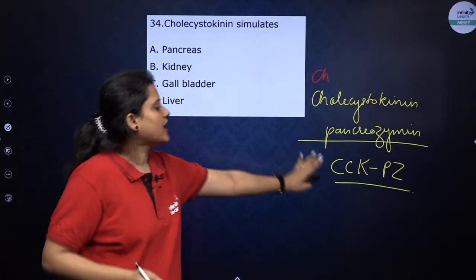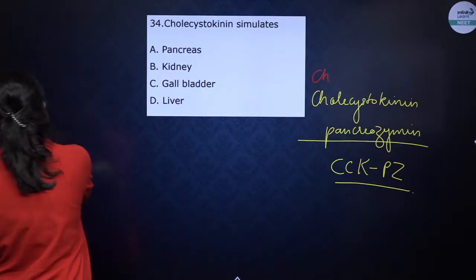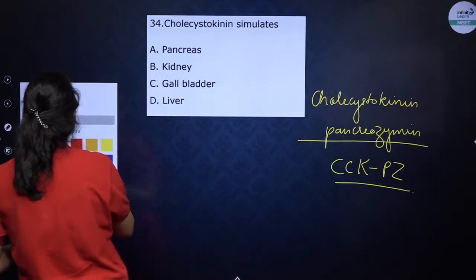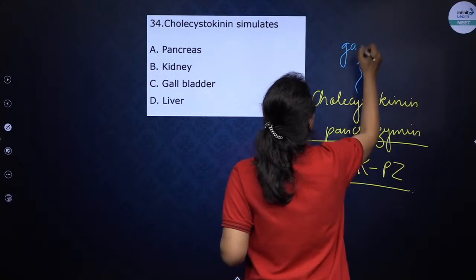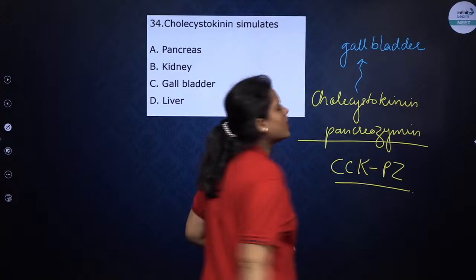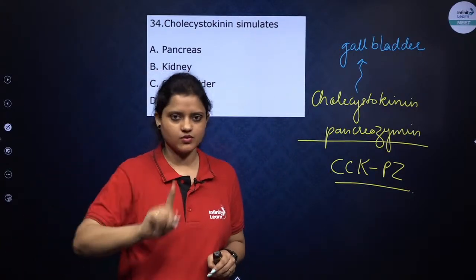So cholecystokinin pancreozymin का 2 काम होता है. First, it will act on gallbladder. And it will stimulate or constrict the gallbladder to release bile juice. One work, right?